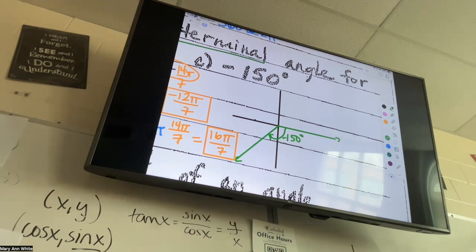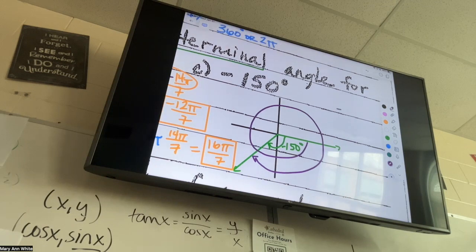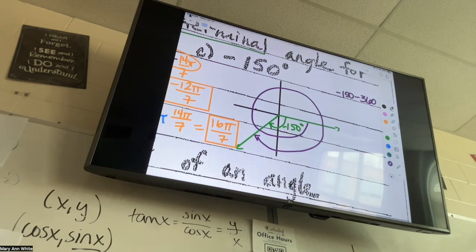And just to keep this standard, we're going to add 360 to this number and minus 360 from this number. When we minus 360 from this number, we're actually going around twice that time. So it's a little bit different than before, but I just want to keep in your head when you see coterminal, add 360, minus 360. So if I do negative 150 minus 360, who knows what I end up with?